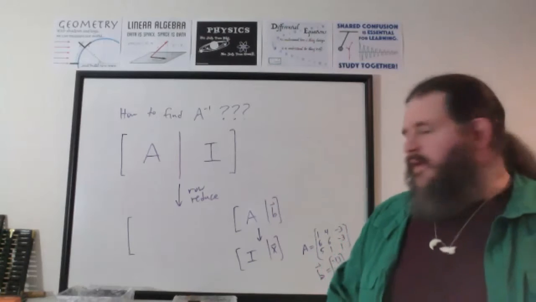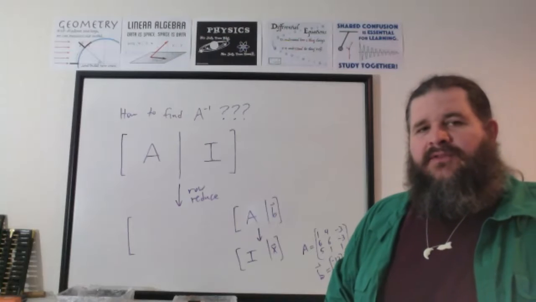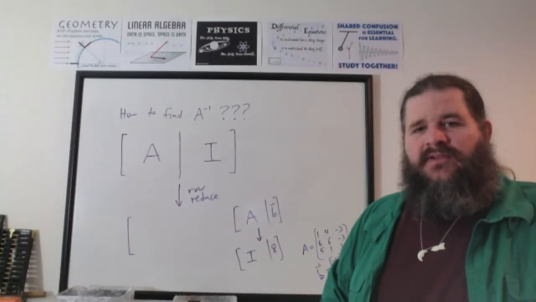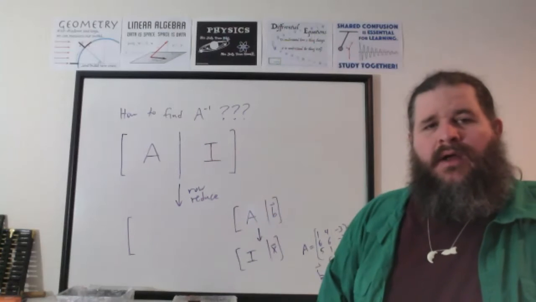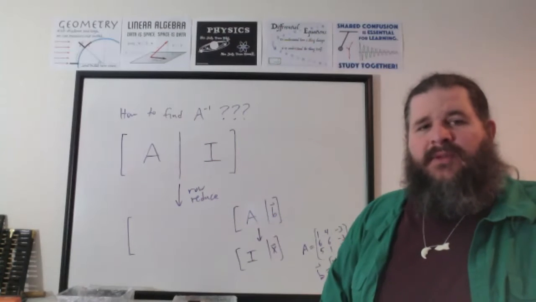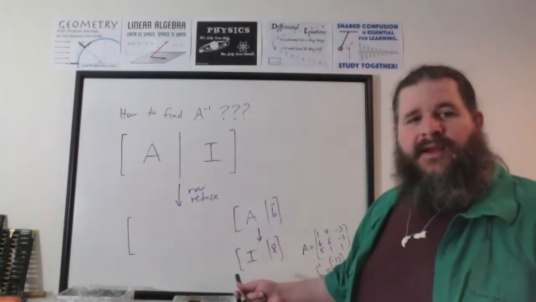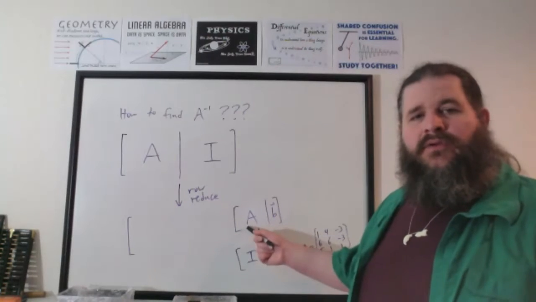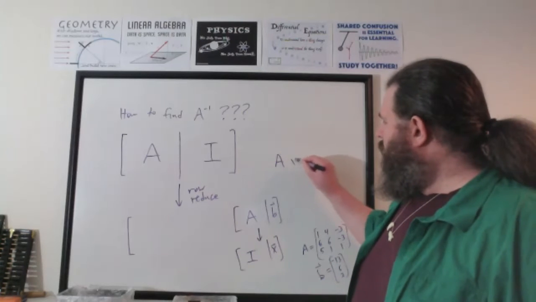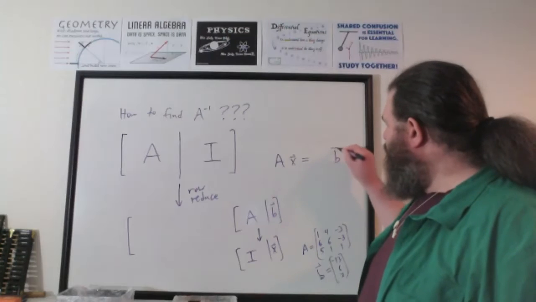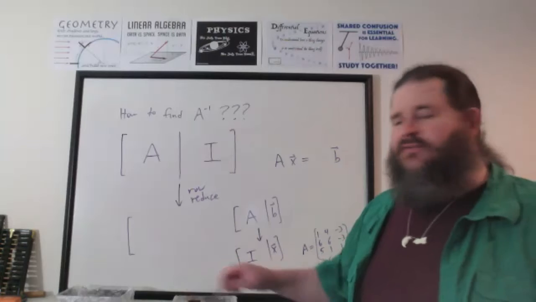Ultimately, the reason why that works is each one of those row reduction steps is a transformation. If you think back to what we were doing last time with the transformation matrices, each row operation, adding a row to another row or subtracting a multiple of a row from a row, can be represented as a transformation matrix. So as you're row reducing, you're applying some transformation to matrix A, but also doing the same operation to vector B. Each one of those row operations can be written as some elementary transform matrix.